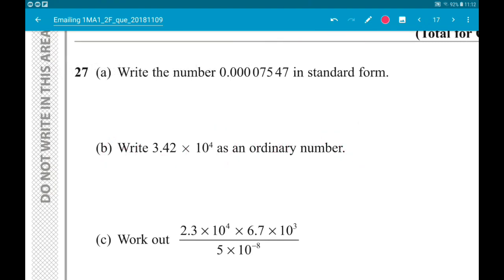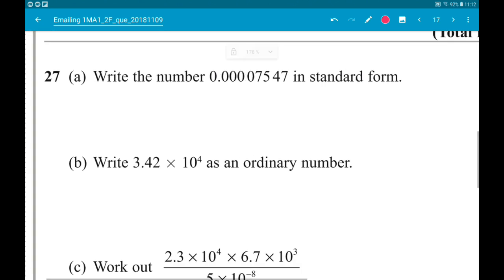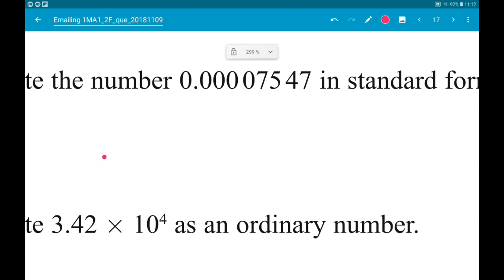Okay, number 27a, we want to write the number 0.0007547 in standard form. So we're going to need 7.547 times 10.